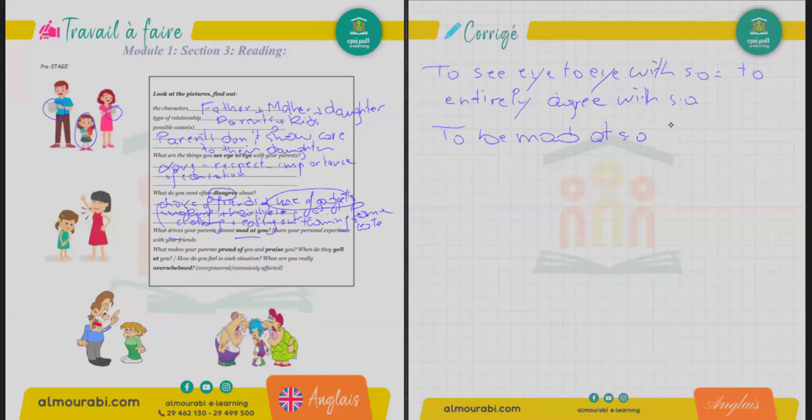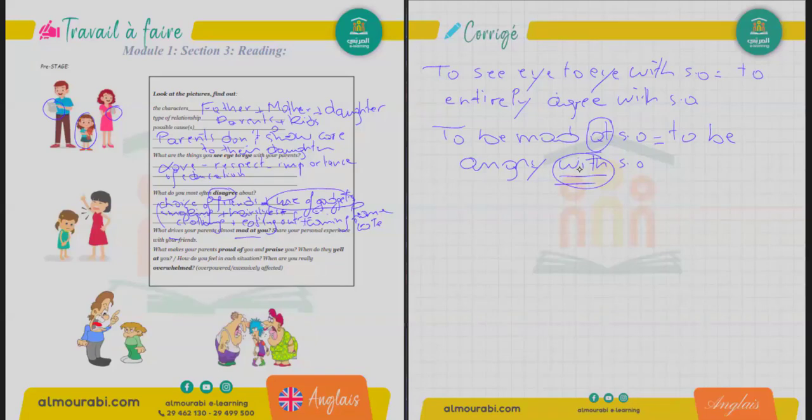Okay, if you are mad at someone, bon, here notice the preposition goes with mad. Donc, this is an adjective. This is simply making your parents angry, but this time with you. Okay? Pay attention. To be mad at somebody, but angry, the preposition that goes with angry is with somebody. Okay?